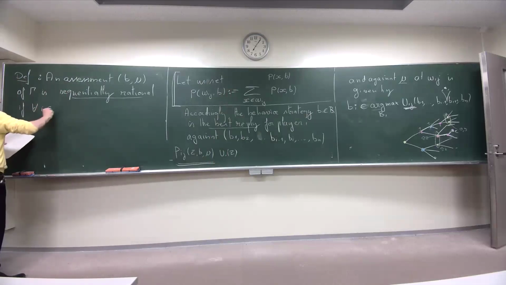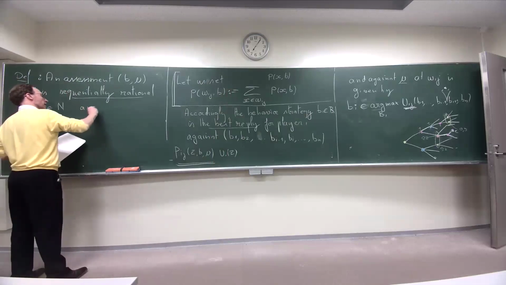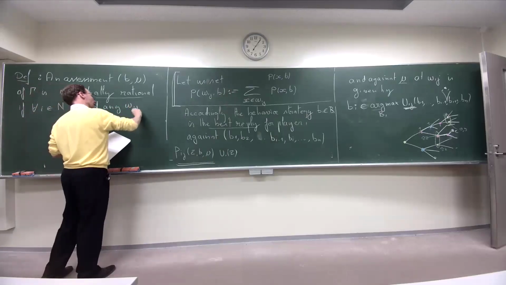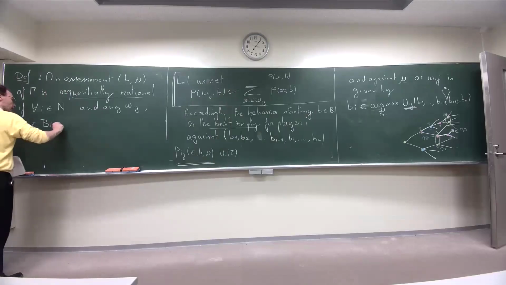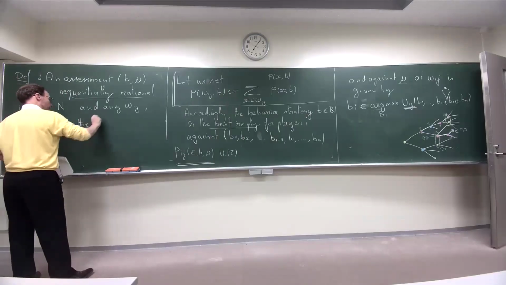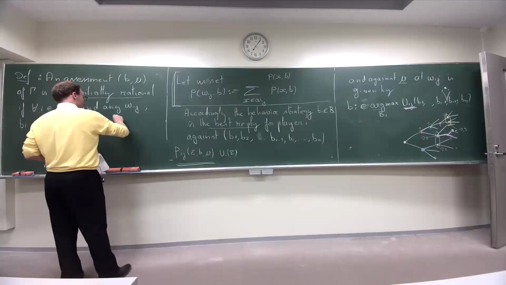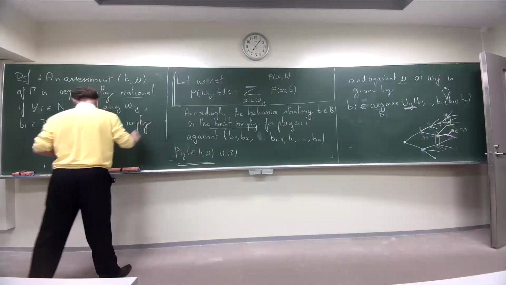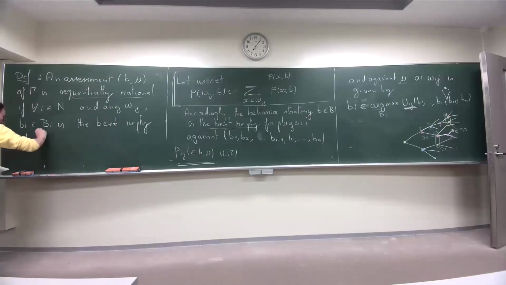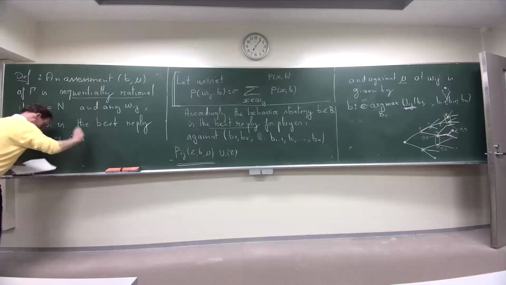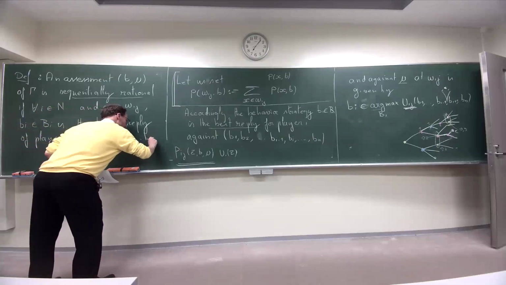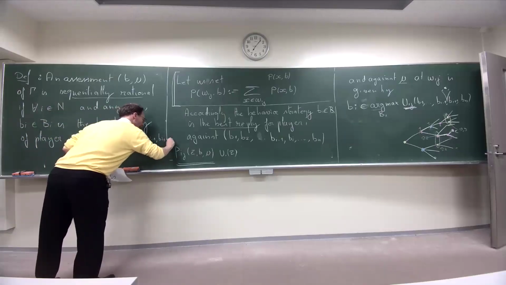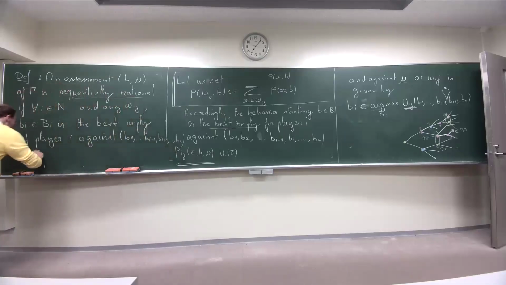If for any player i, and for any omega ij, the strategy Bi is the best reply of player i against the other strategies B1 up to Bi minus 1, Bi plus 1, up to Bn, and mu. So far mu is given.